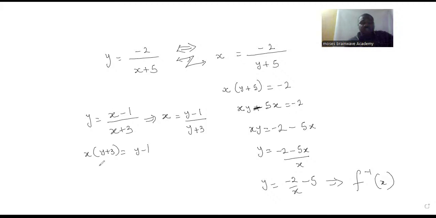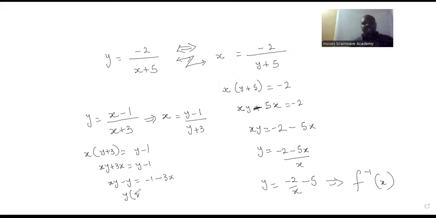So I have xy plus 3x is equal to y minus 1. If I am collecting like terms over here, I'm going to have xy minus y is equal to minus 1 minus 3x. I can factor out y.